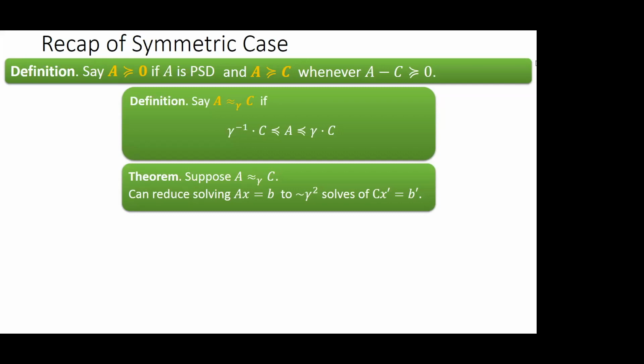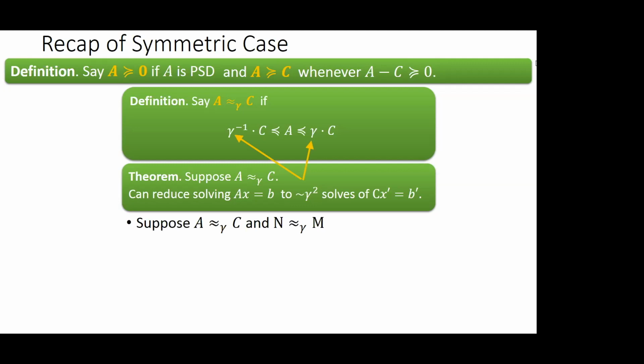This will allow us to solve the original linear system AX equals B. So we can reduce solving AX equals B to solving CX equals B up to a loss of a gamma squared factor in the number of linear system solves. That was a useful fact that we used last time. It's gamma squared, if you remember, because we have one factor of gamma on each side of A, and those combine, which is where you get gamma squared instead of just gamma.